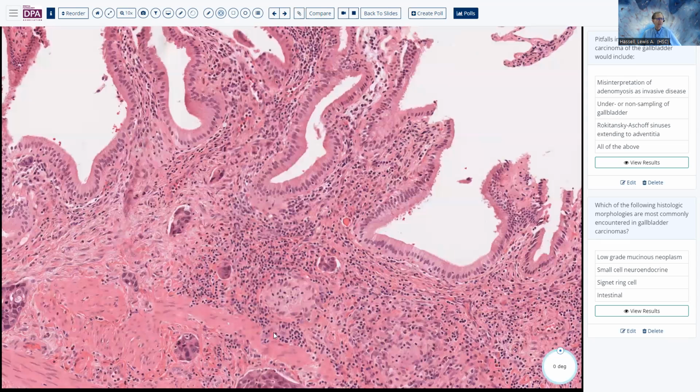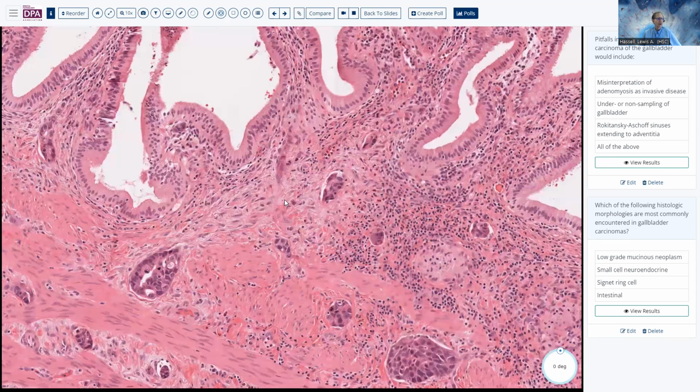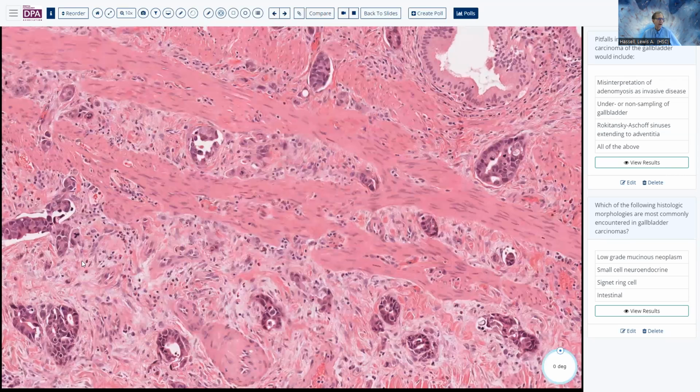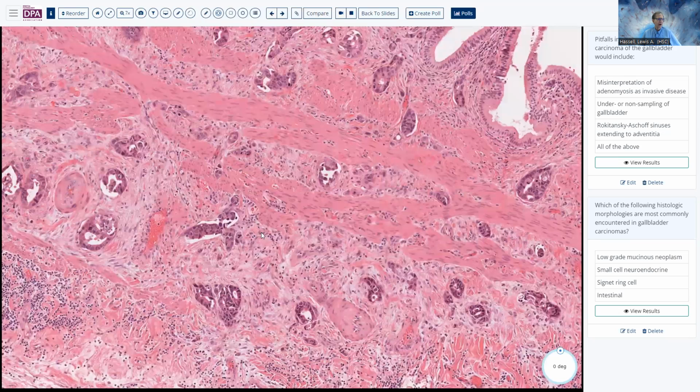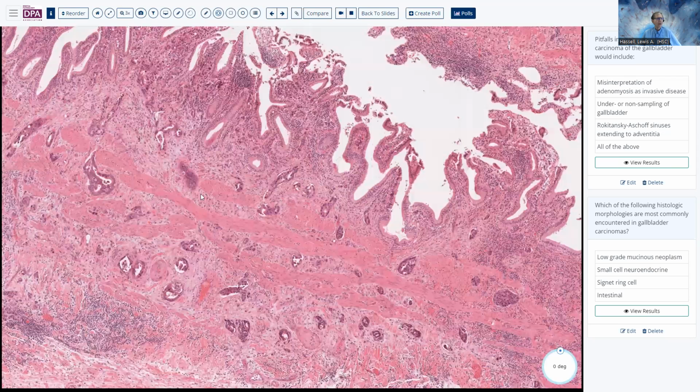But we do have fairly extensive intramucosal, lamina propria, intralymphatic, mural carcinoma with, here you can see a very nice tripolar mitosis infiltrating through the wall.